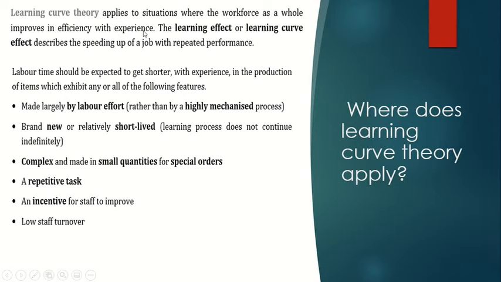In learning curve theory, we are talking about how labor performance improves with experience, which means if any employee is doing the same job again and again, which means the nature is, let's say, repetitive. Here we are saying that particular employee's performance will improve. Let's say the first product he produced within 5 hours. Let's say this is a bigger product, so he consumed 5 hours to produce the first product.